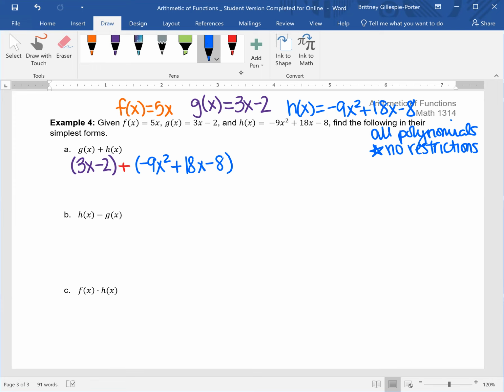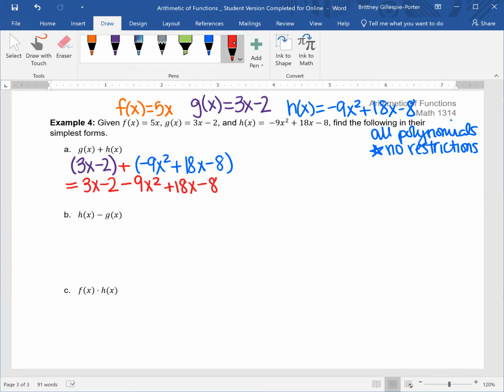Because we do not have a negative to distribute or coefficient to distribute or anything to multiply, we can drop the parentheses. So this becomes 3x minus 2. When I have plus a negative, it just becomes minus 9x squared plus 18x minus our 8.